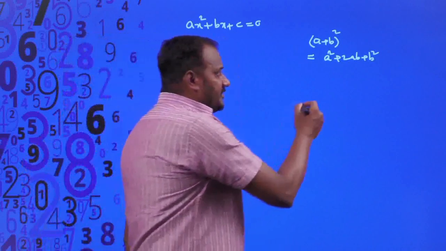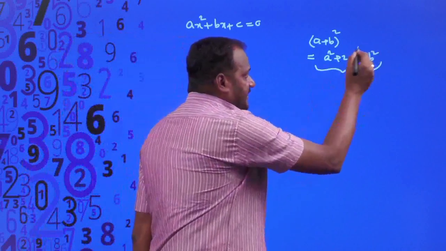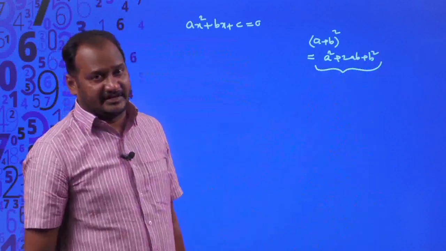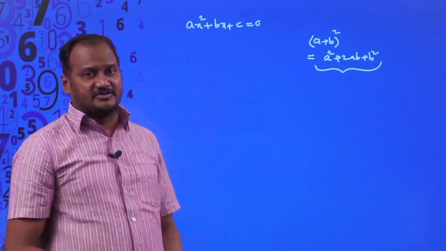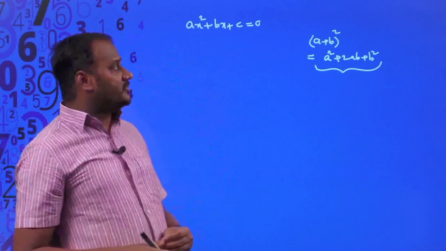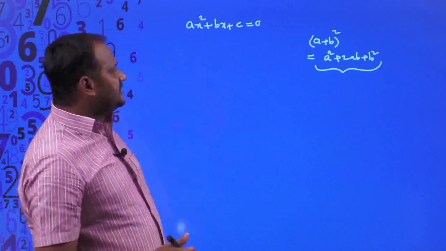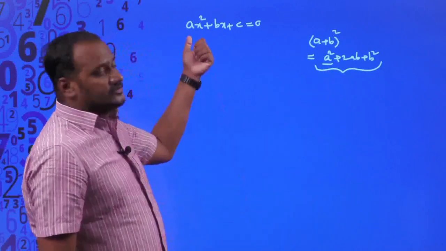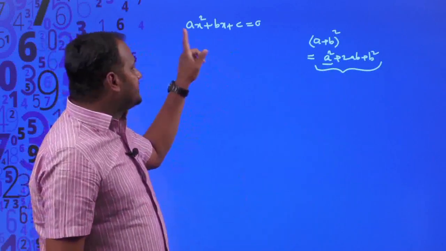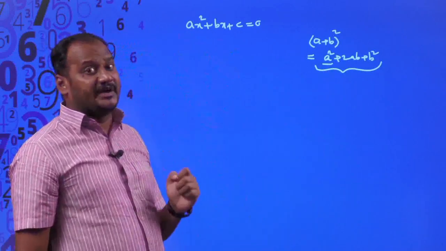That is why we will try to understand a square plus 2ab plus b square in order to convert ax square plus bx plus c equal to 0 into a square number. So how is that possible? Let us figure it out. See, the first term is a square. So it is understood that you will have to convert the first term ax square into a square number.